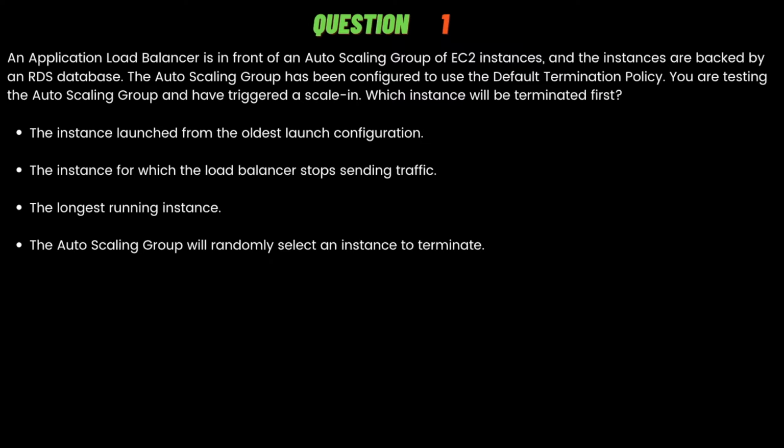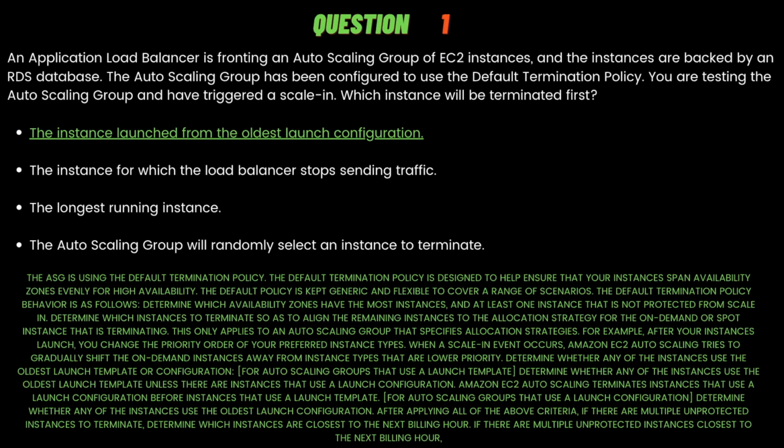In the default scale-in policy, the instance launched from the oldest configuration will be terminated first. There's a brief description of it. You may get a similar question in which they ask, okay, in one availability zone you have two instances running, in another availability zone four instances are running, and when scale in happens, in which zone will it terminate instances first?